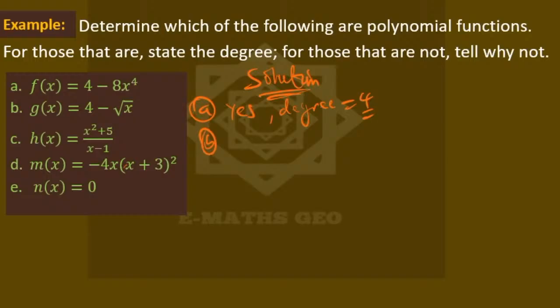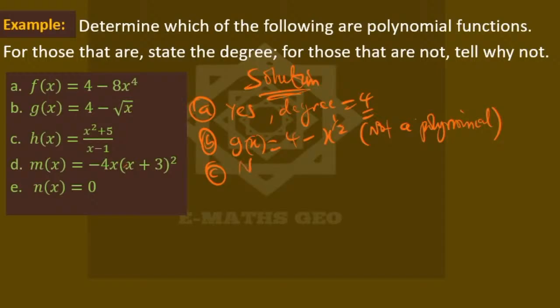Why is the second one not a polynomial? Because this is g of x equals 4 minus square root x, and we can write square root x as x raised to power half. In this case, half is not an integer, so it's not a polynomial, because the highest power is not an integer. The C part, I have h of x equals x squared plus 5 over x minus 1.